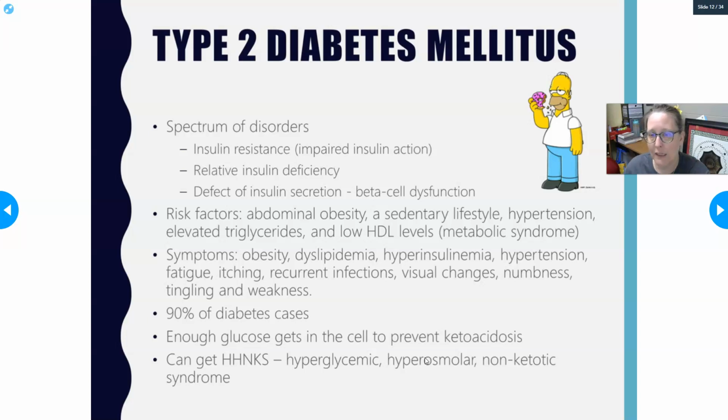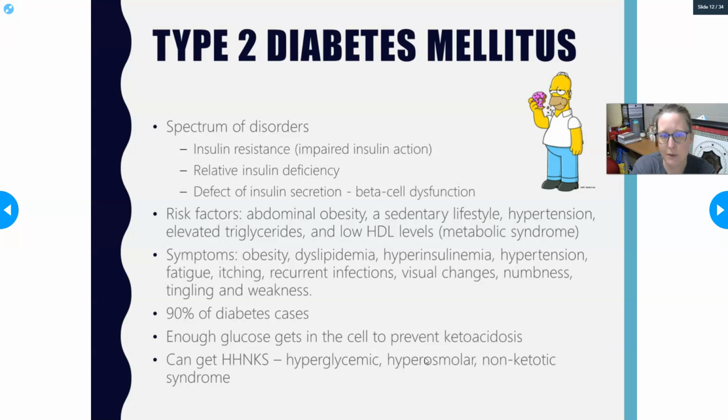They're done. Then you start seeing beta cell dysfunction, where insulin levels drop instead of being high. That's the big difference between type 1 and type 2: in type 2, you start out with high insulin levels and then towards the end it can drop, whereas with type 1, from the get-go, there's no insulin being produced.